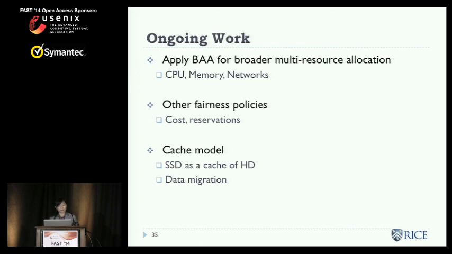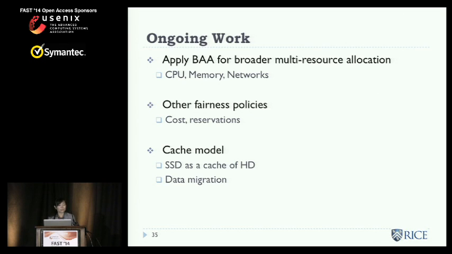Now there is some ongoing work. One of them is applying the bottleneck-aware allocation to broader multiple resource allocation, including CPU, memory, and networks. Another work is to define other fairness policies, including a cost model, and also looking into reservation and limits control for the clients.